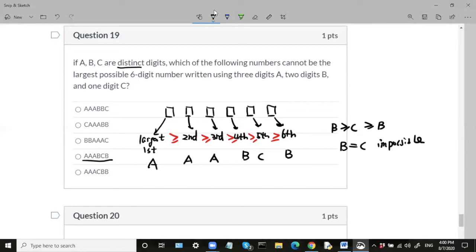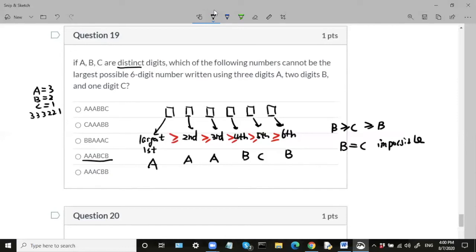So let's look at the other answers. For example, AAABBC, we can let A equal 3, B equal 2, and C equal 1. So AAABBC would be 3, 3, 3, 2, 2, 1, which is the largest 6-digit number created by these 3 digits.